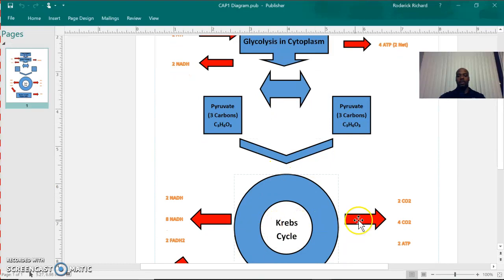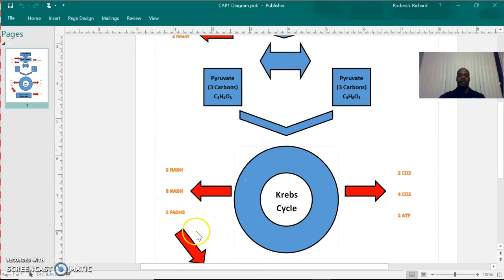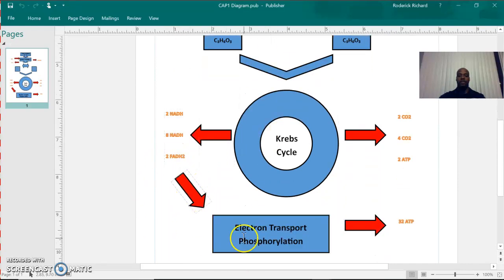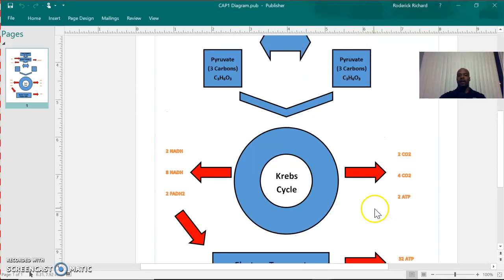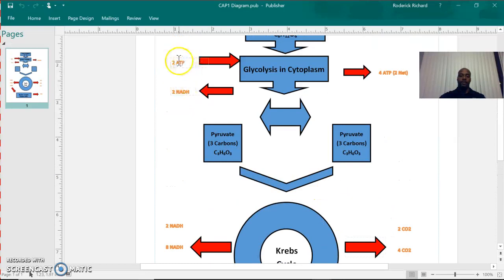A bunch of things are thrown off. 2 carbon dioxides, 4 carbon dioxides, 2 ATPs, some NADH here, some FADH2. This is going to enter into the electron transport chain, which is going to be basically phosphorylation. And our end point, now we have a total of 32 ATPs, which we started from using 2 ATPs.